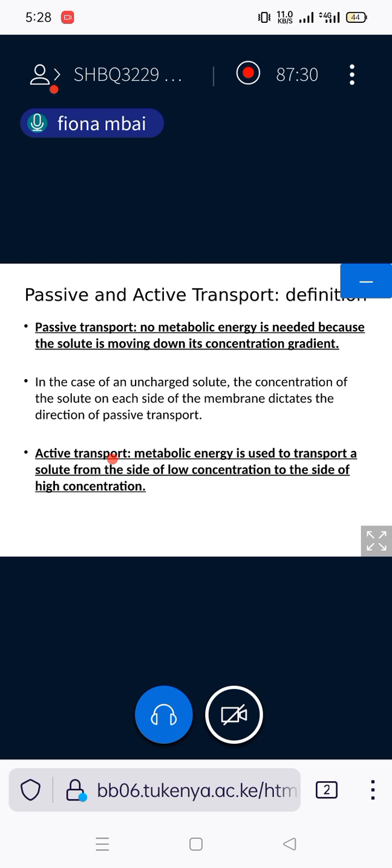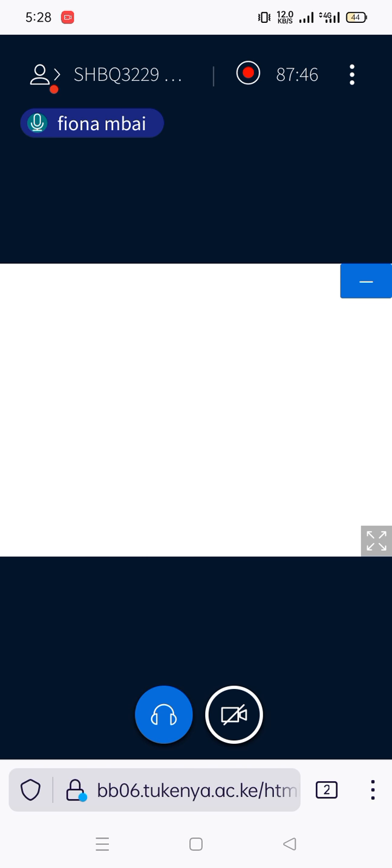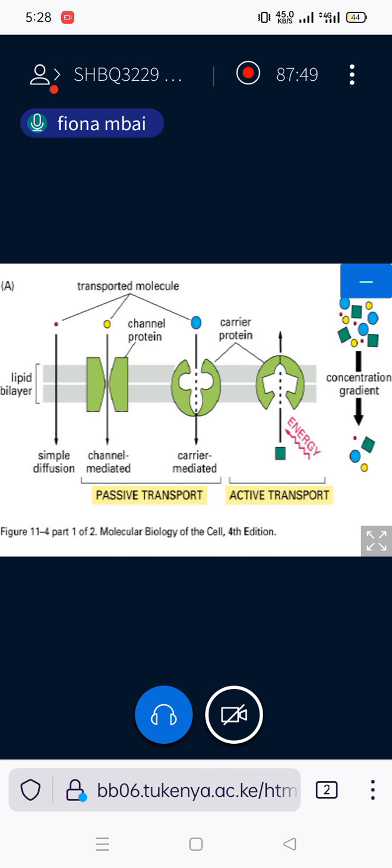In active transport, metabolic energy in the form of ATP is used to transport a solute from the side of low concentration to the side of high concentration. So this is just a summary of what we've talked about in the last 5 slides.